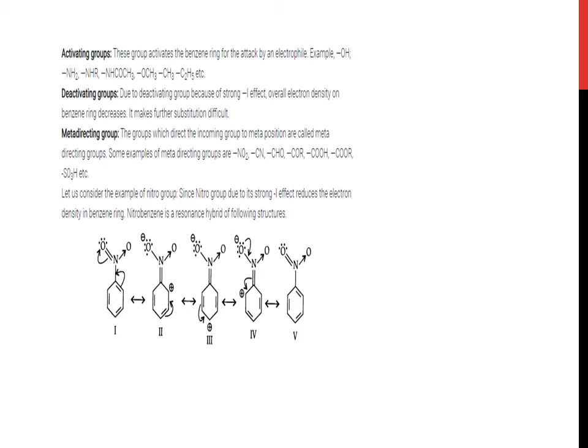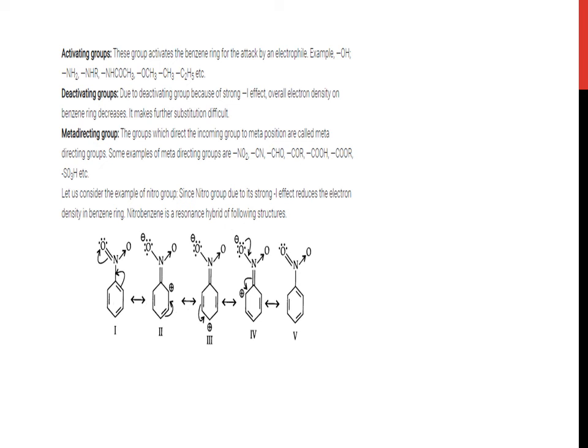Meta-directing groups. The groups which direct the incoming group to the meta position are called meta-directing groups. Some examples of meta-directing groups are NO2, CN, CHO, COR, COOH, COOR, SO3H, etc. Let us consider the example of the nitro group.